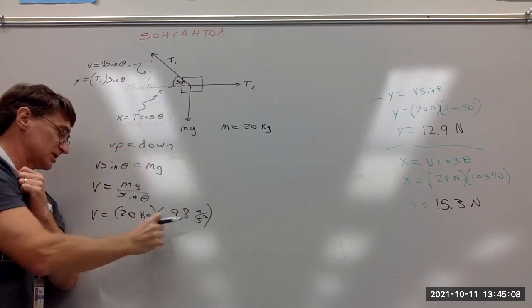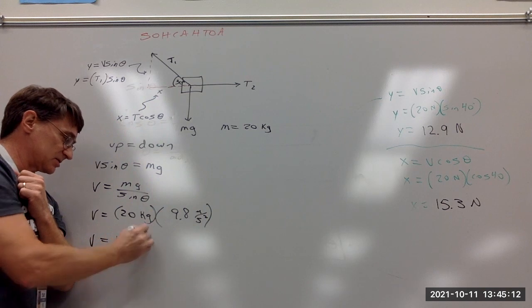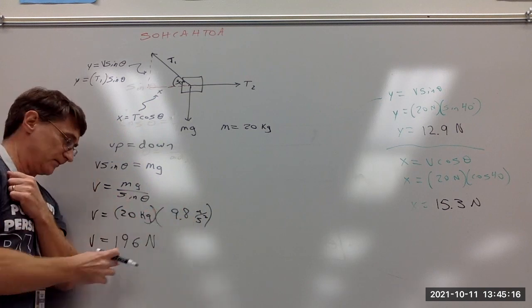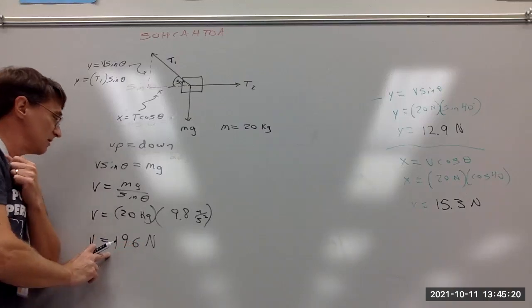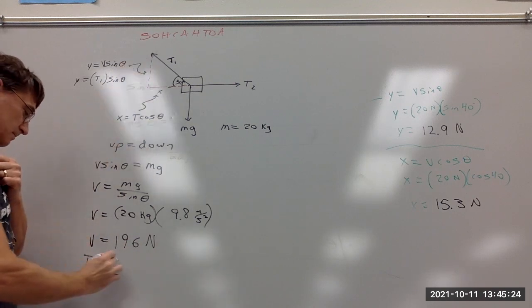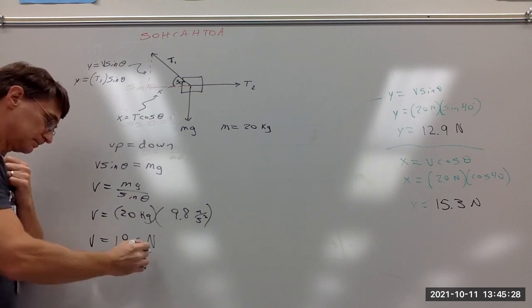So now I can do 20 times 9.8, which is 196 if I'm not mistaken. And we found out last time kilogram meters per second squared is a Newton. That's 196 newtons. So I just found the vector, or in this case, T1: 196 newtons.